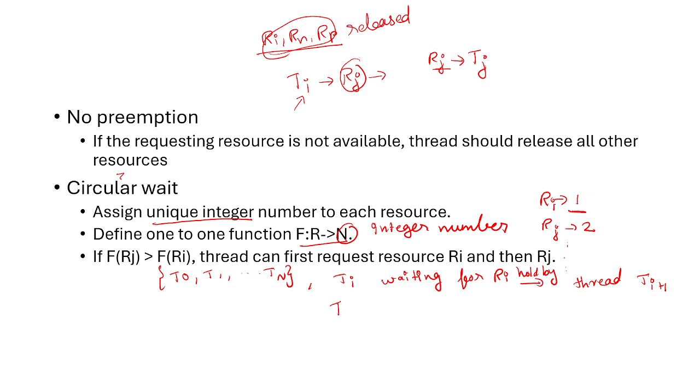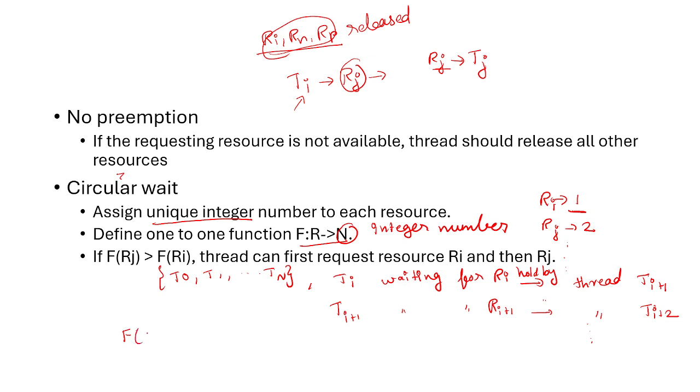Like that, Ti plus 1 is waiting for resource Ri plus 1, and Ri plus 1 is already held by the thread Ti plus 2, and so on. Here you consider this one-to-one function.